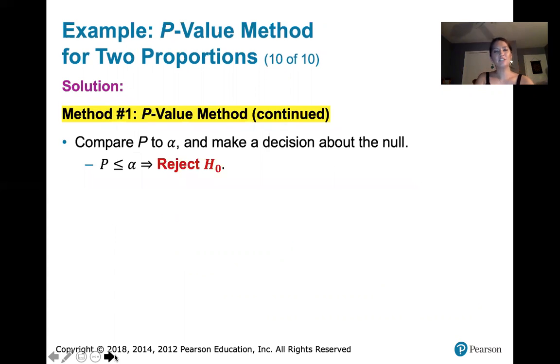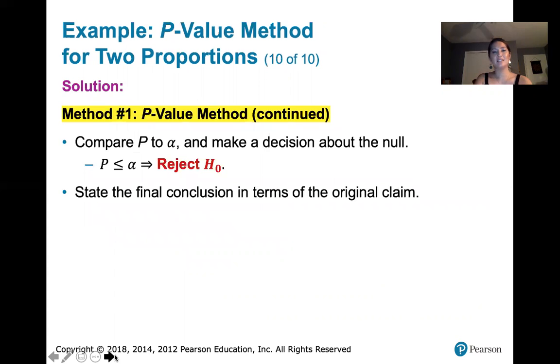And then after we reject the null hypothesis, we have to state the conclusion in terms of the original claim in non-technical terms that anyone can understand. We don't want somebody to have to take a statistics class to understand what we're talking about. So we go back to the original claim, look at the alternative and null hypothesis, and we see that the claim is actually the same as the null hypothesis. The claim was that the two proportions, the accuracy rate for McDonald's and Burger King, were equal to each other.